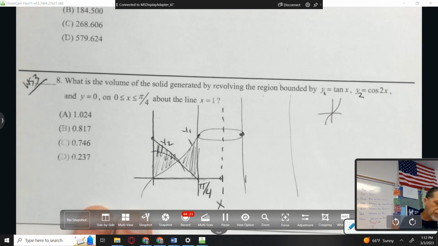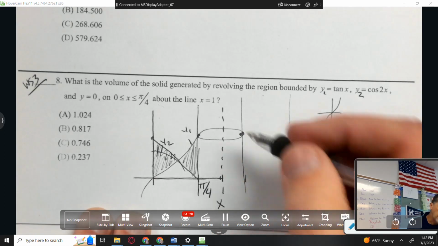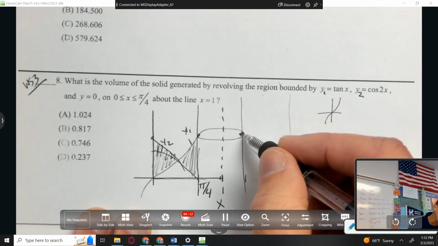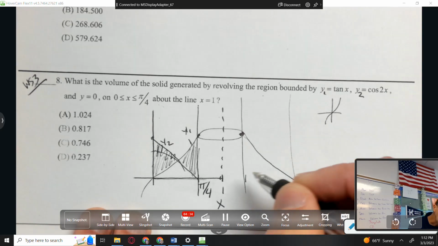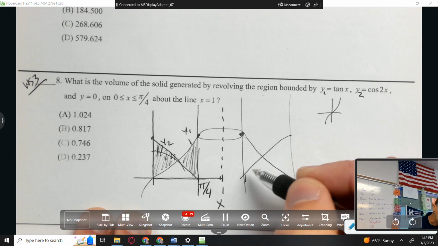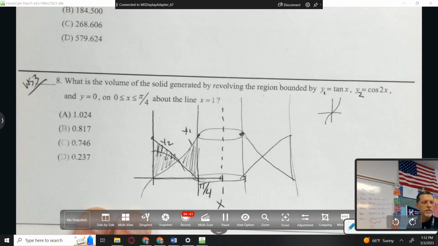So I'm going to try to mirror this across. My y1 starts at the max and goes to the minimum, and y2 kind of goes the opposite way. This is a weird shape.